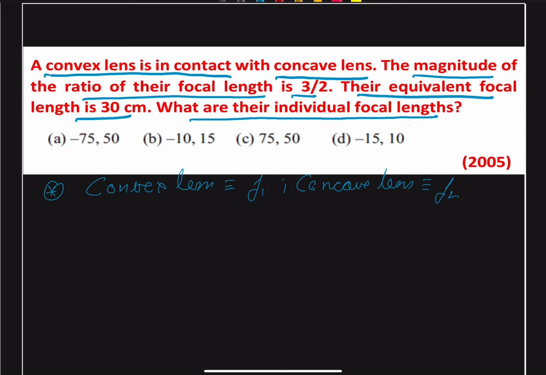So we can say that our f1 upon f2 will be equal to 3/2, and obviously we can write this with a negative sign, and we can just manipulate it, that our f2 is equal to minus 2/3 times f1.